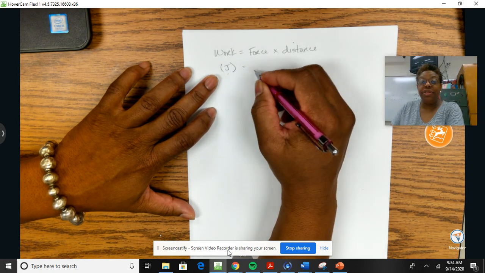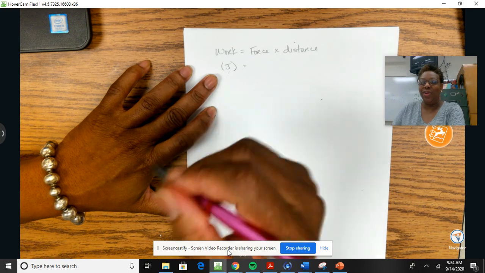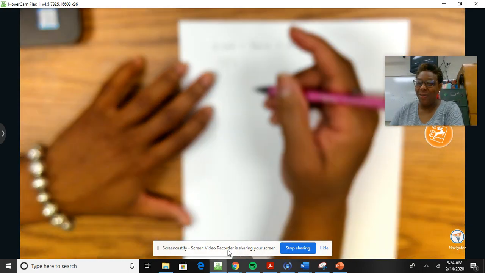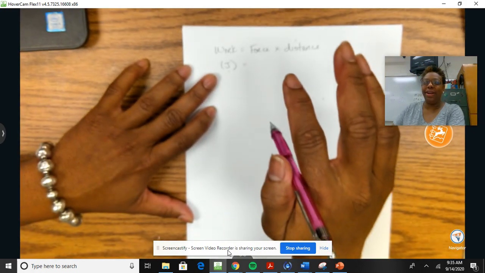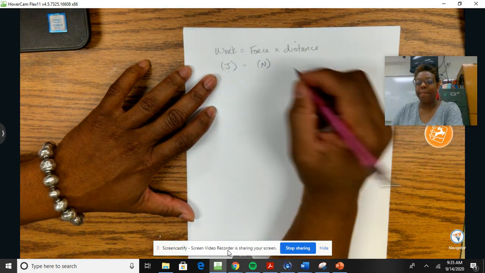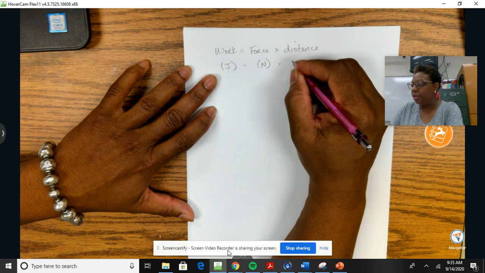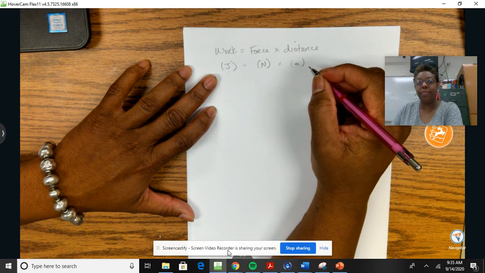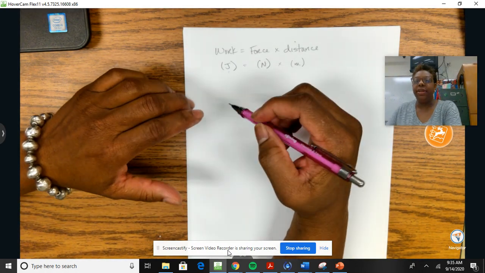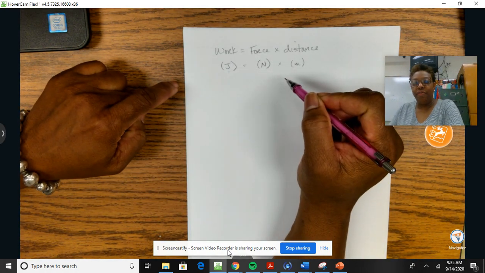We learned in our previous unit, when we were studying forces in motion, that the unit of force is a Newton. And then distance is going to be measured in units of meters. Okay. All right. So we learned how to use this equation on Friday.